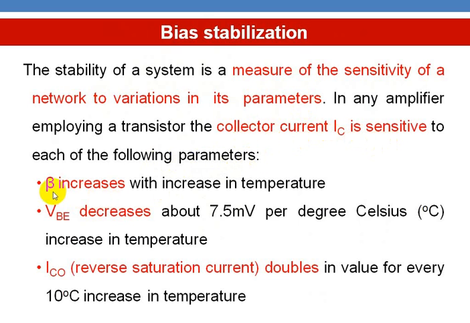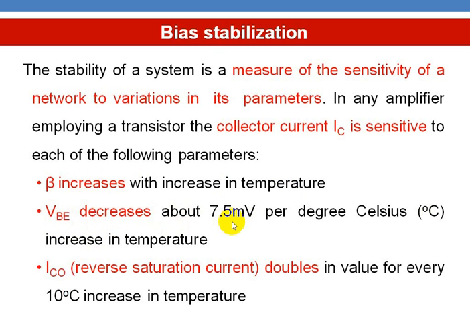For example, as I told you already, beta increases with increase in temperature, and this will also affect the collector current. VBE also will affect the current IC.